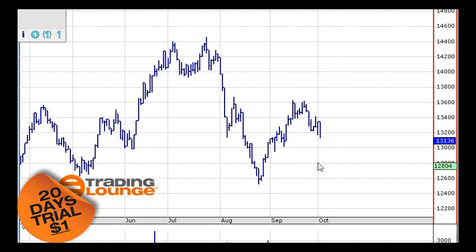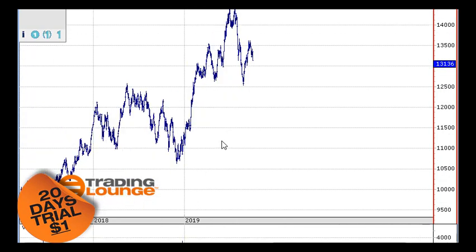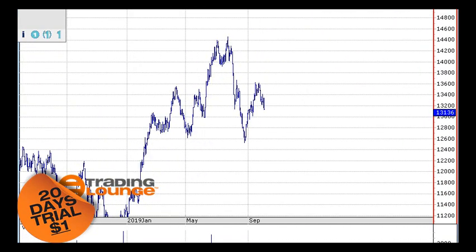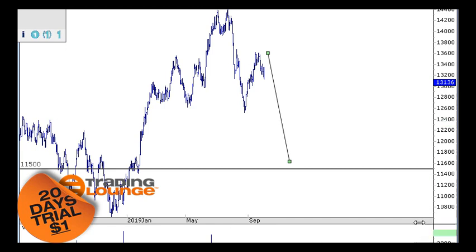So this appears to me to have further downside. So if we just squash this up a little bit, this is what we've got here. In a nutshell, what we should be looking at is shorting the materials sector now, with that length here over to here. So with the materials sector, we can look to come down to the medium level here, 11,500.